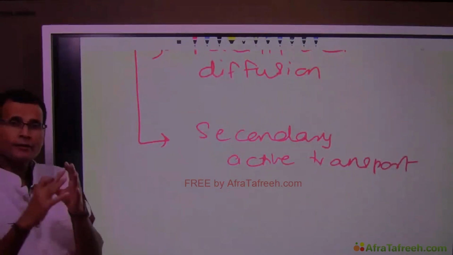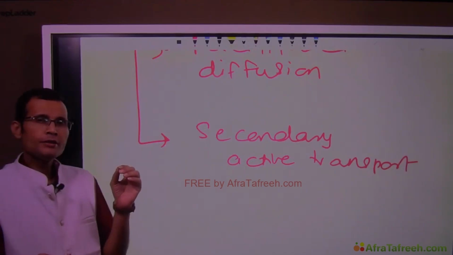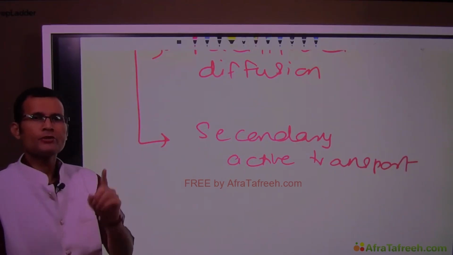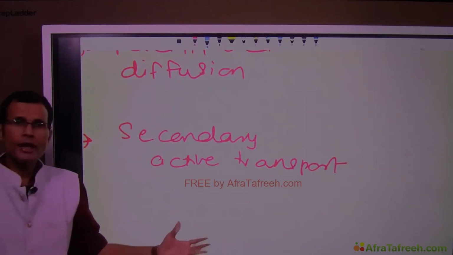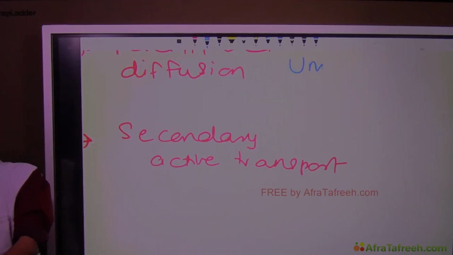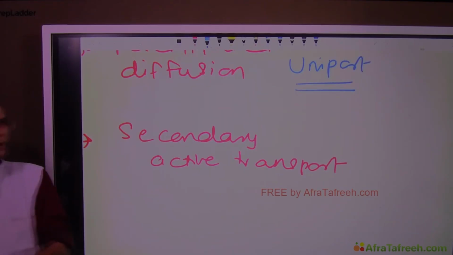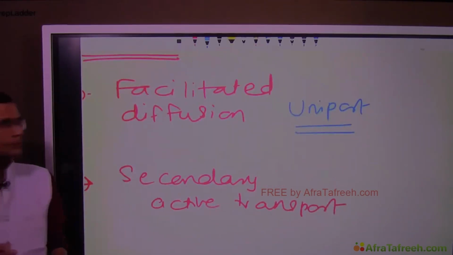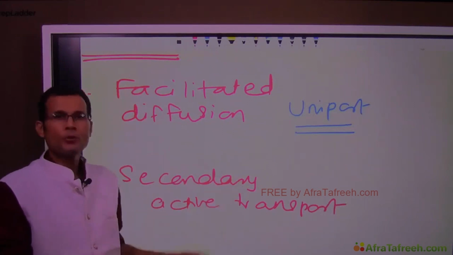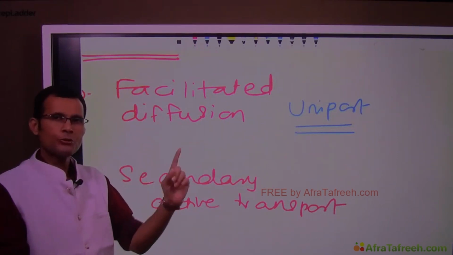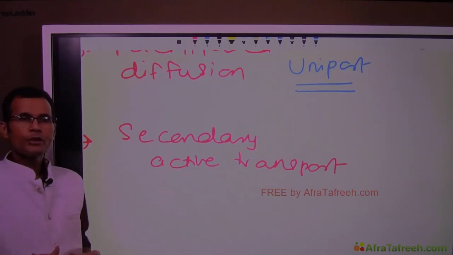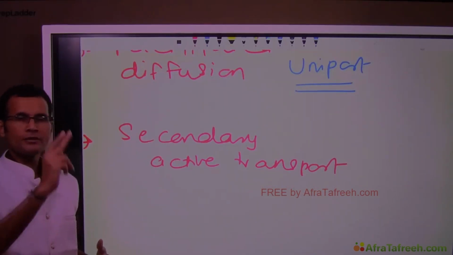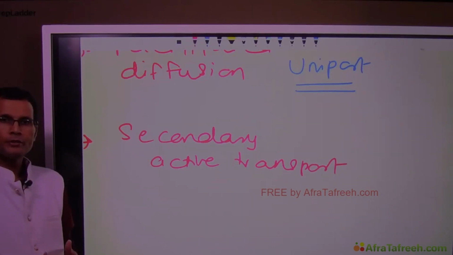In facilitated diffusion, only a single substance is transported by that carrier. Therefore, in that scenario, the carrier is called a uniporter and the transport of that substance is called uniport. Single substance transported, so uni. Whereas secondary active transport is the transport in which two substances are transported by the carrier simultaneously.